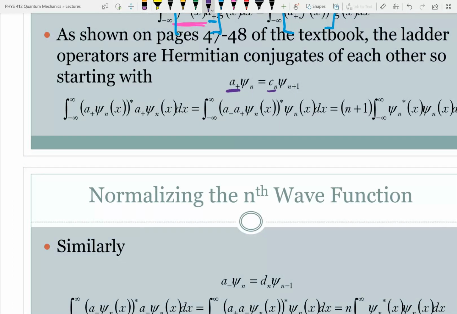Putting that in for both, I'm going to have A plus psi star, right? So this is here and here. And this has to be 1 if it's going to be normalized.